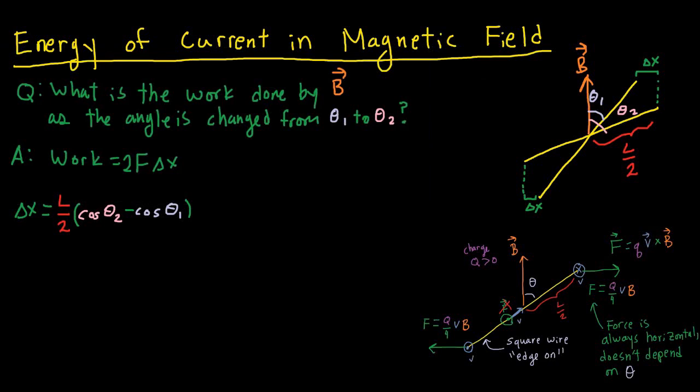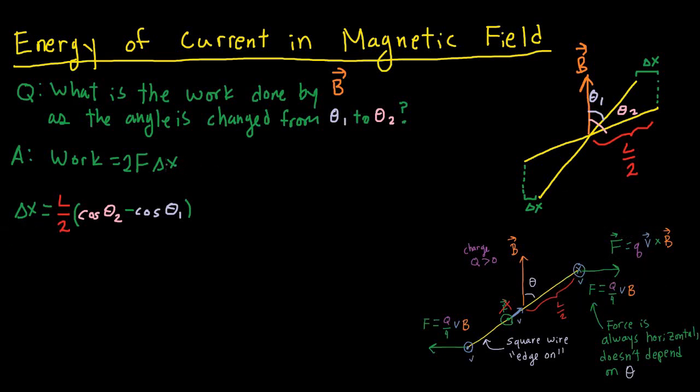Okay, so let's recap what we're trying to do. We're trying to figure out the work that the magnetic field does in the wire when the angle is changed from theta sub 1 to theta sub 2. Now we know that it's equal to 2F delta x, where delta x is this thing we just solved for, and F is this quantity over here.